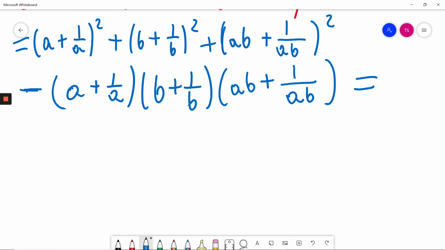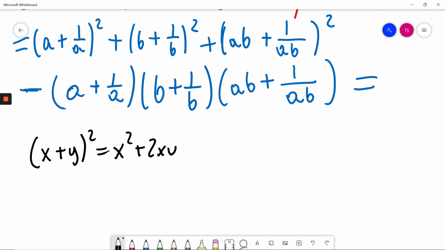At this moment, to calculate it a bit quicker, I would be using the formula x plus y squared. I know this is x squared plus 2xy plus y squared. And I'm going to use this.